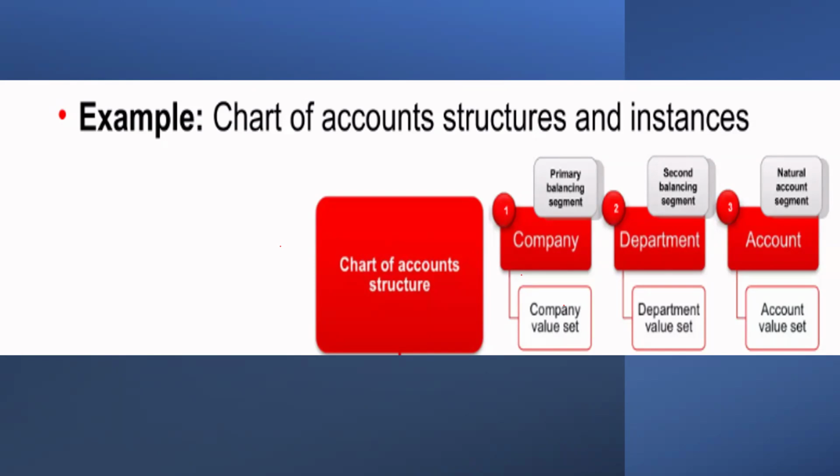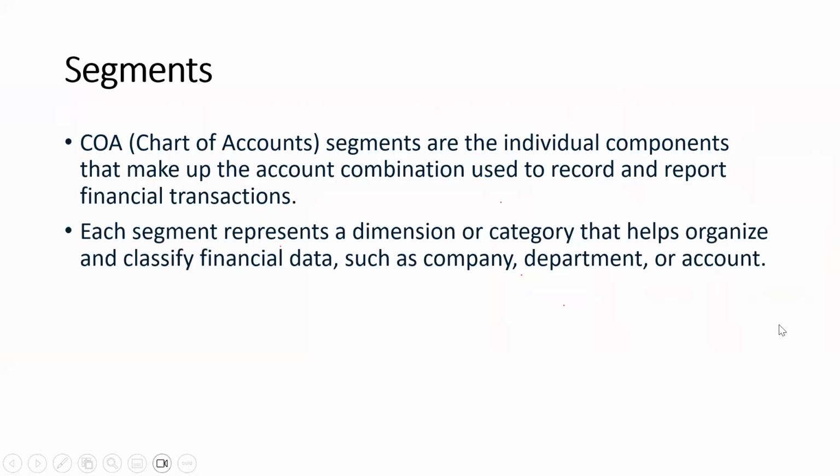Next level, value set. Before configuring these segments, company, department, or account, at each segment level we have to create a value set. For each segment, we assign its related value set. So what is a value set?